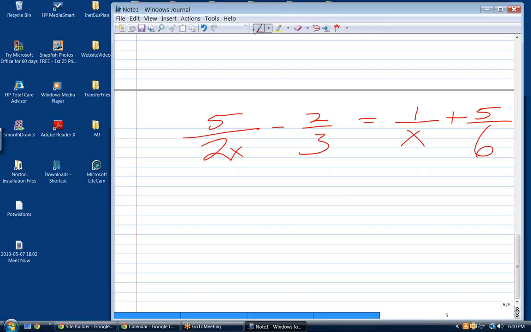What if I multiplied everything by 6x? In other words, I'm going to multiply the left side of the equation by 6x. I'm going to multiply the right side of the equation by 6x. What do I get here?